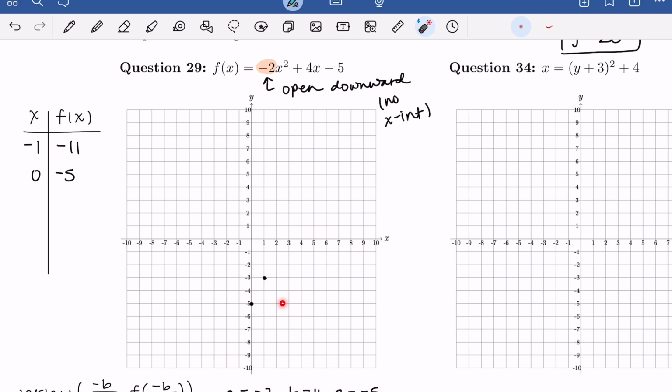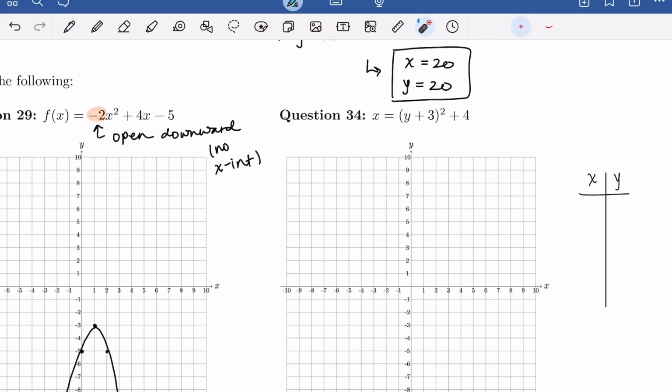Since we know that this is going to open downwards, it's going to have this shape. We already know that our vertex is 1, -3, so that's another point that's already on the graph. Let's pick 2. If we were to plug in 2 into this, we would also get -5. So that's another point on this graph. So we're just looking at a rough sketch of this parabola here. So it's going to look something like that.